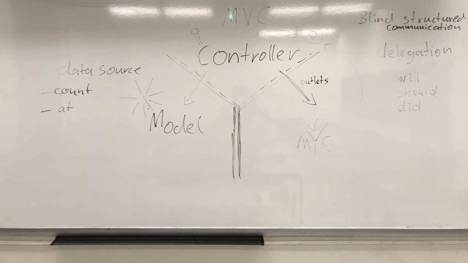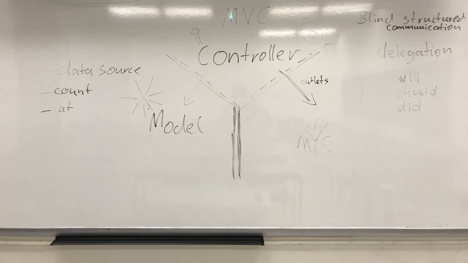And then we were saying that the model can broadcast that it has changed. We're not going to use that for now, but there's another way that the controller and the model can interact, and it uses a protocol. The model might be a data source for a controller.